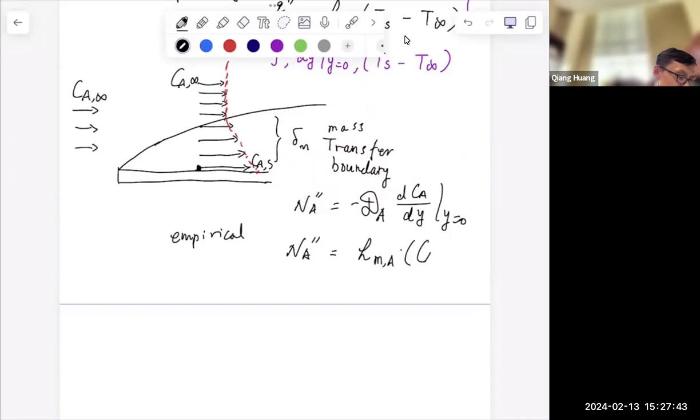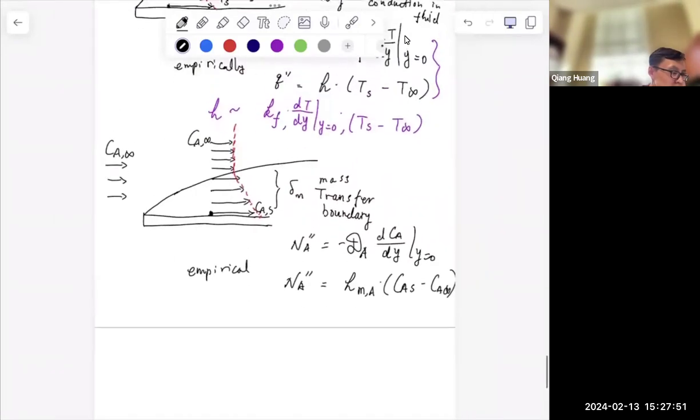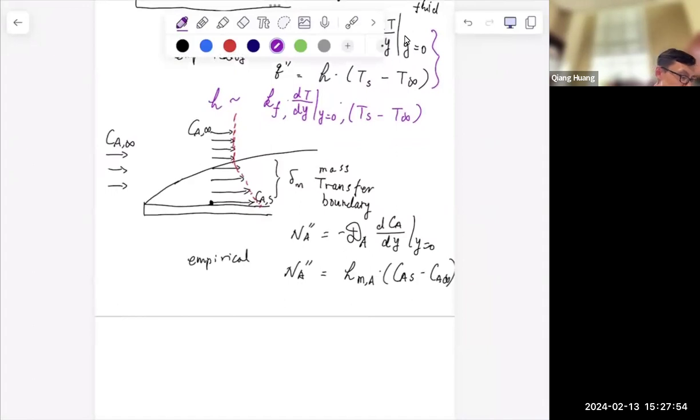And it's proportional to the concentration difference between the surface and the bulk. And therefore, same as the heat transfer, if we compare these two, we know the empirical convection constant is related to the diffusion coefficient of the substance, the concentration gradient at the surface, and the concentration difference between the surface and the bulk.